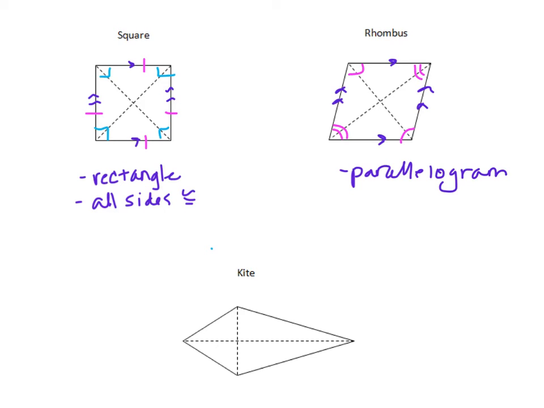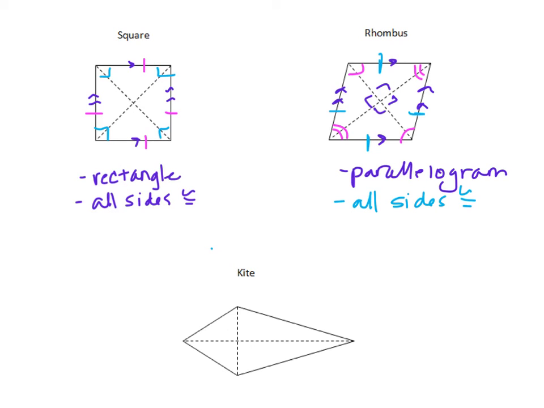And then you also are going to have, this is different than a parallelogram, all four sides are the same length. So it's kind of like a square that you've tilted. So all sides are congruent. And your diagonals are not congruent to each other. However, the diagonals do meet at 90-degree angles in a rhombus.